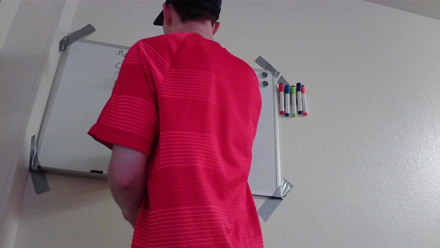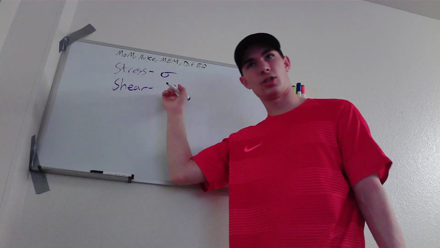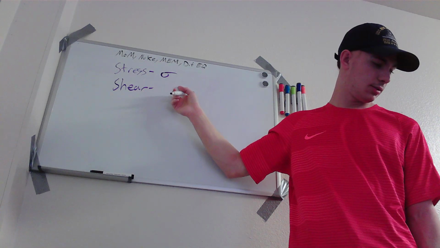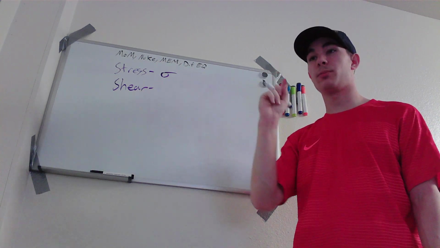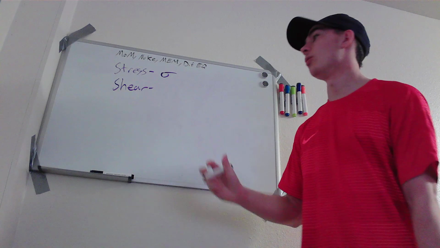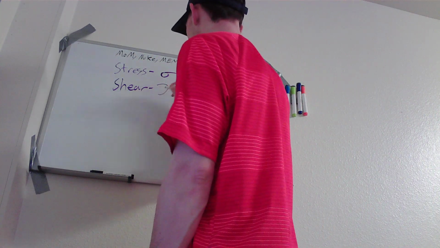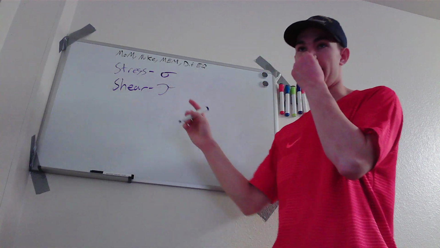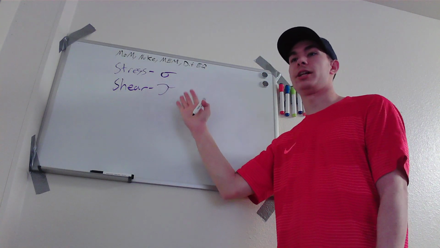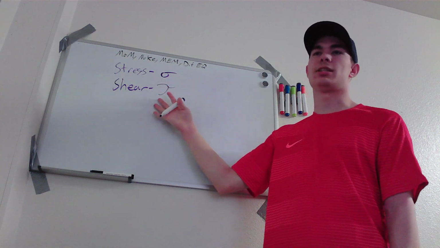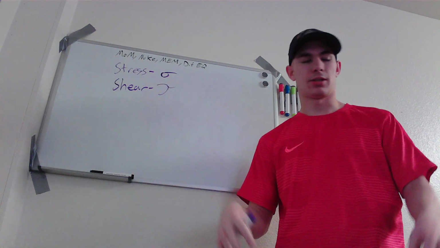This is sigma. And shear is going to be represented by tau, which looks like this. So sigma and tau, stress and shear. Technically they're both stress, but this is normal stress and this is shear stress. Different.